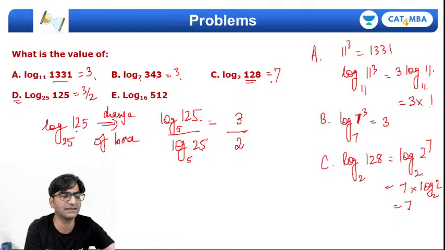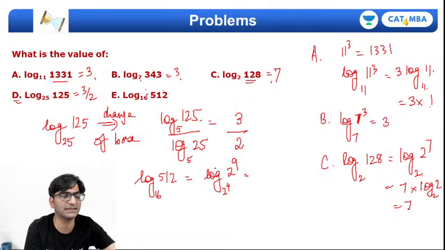Yes, which leaves me with option E, right? 16 and 512 are both powers of 2. So I'll write log 512 in the base 16. This time we don't use change of base, we do it differently. 512 is 2 power 9 and 16 is 2 power 4, right?